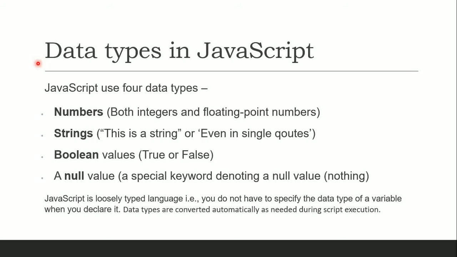Now, in JavaScript, we have four data types: numbers, string, boolean, and a null value.